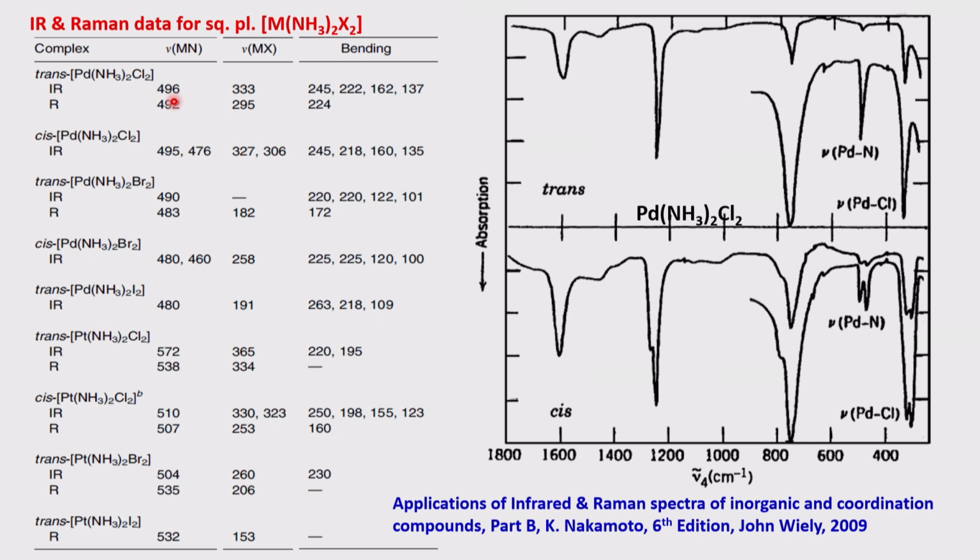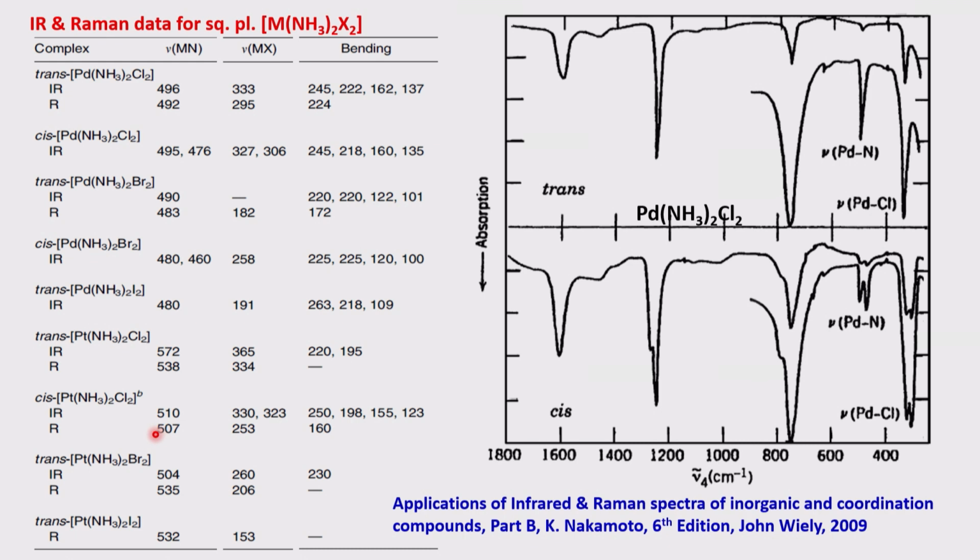And if I go to platinum for the same, you will get around 570. So that is around an 80 centimeter inverse difference. The reason is very clear: the mass difference between palladium and platinum.